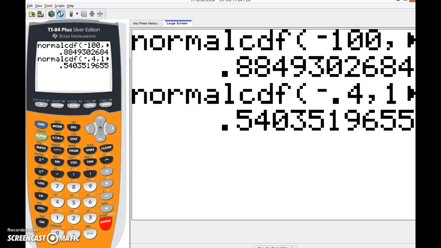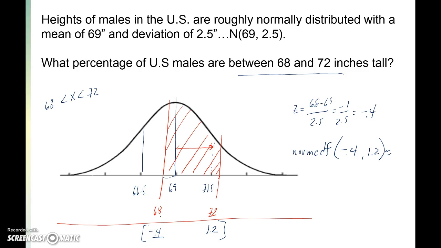So there we go, 0.5404, or about 54.04%. So what percentage of U.S. males are between 68 and 72 inches tall? About 54.04%.